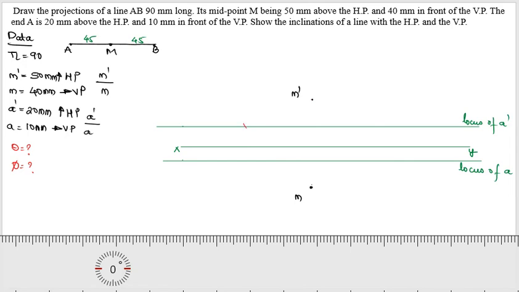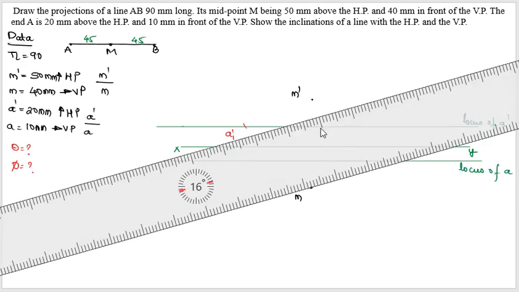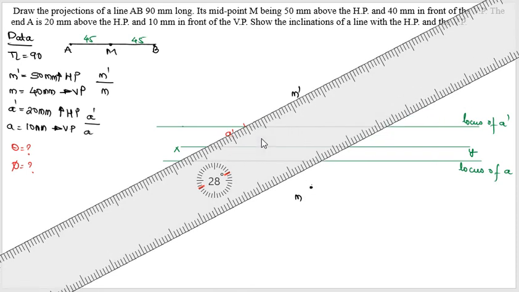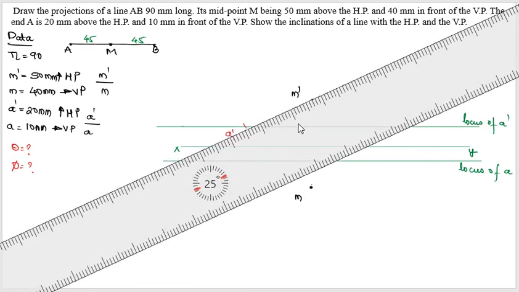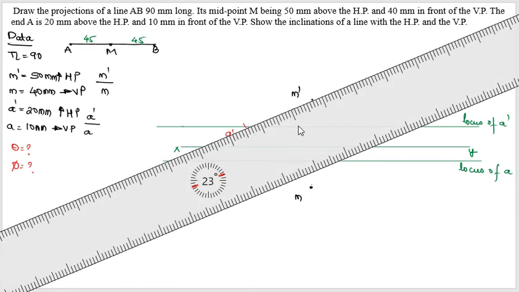This point will be named as A1 dash. It will not be point A dash, but A1 dash, because we are fixing M dash. Once you get A1 dash, connect M dash and A1 dash.